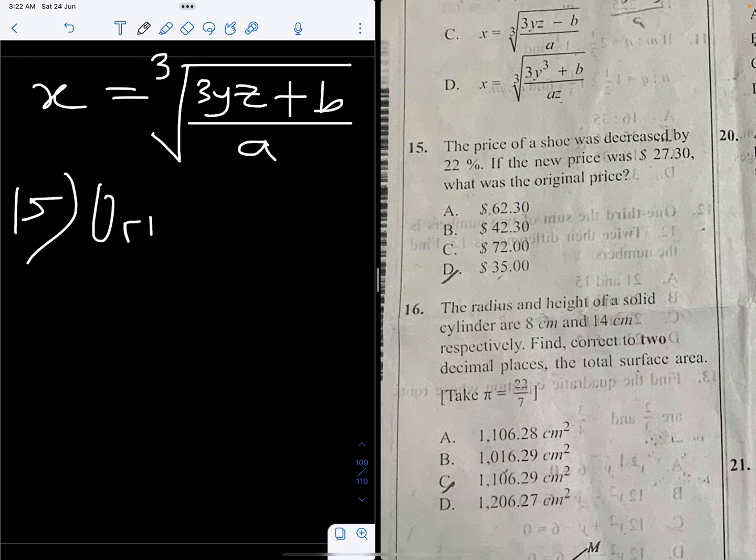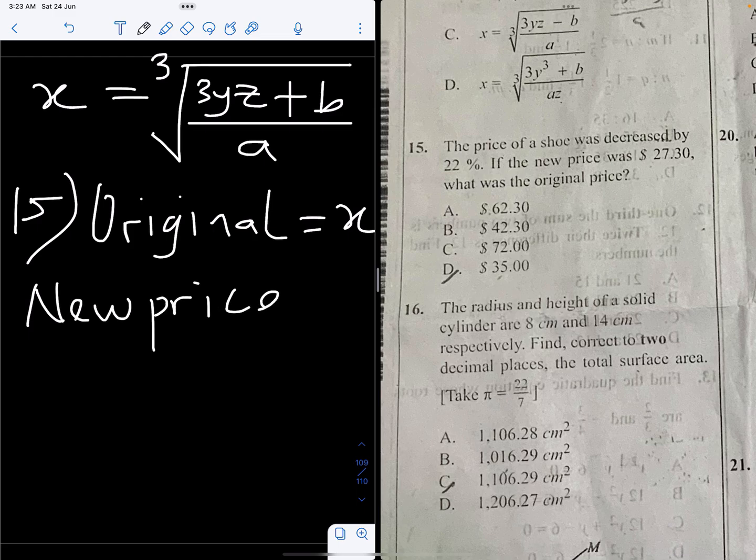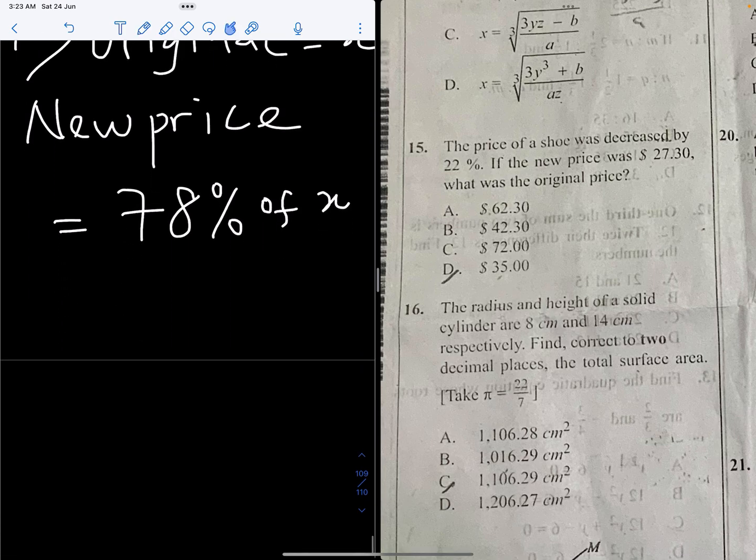Let me start this way. Original price, let that be x. So the new price is 78% of x, that's 100% minus 22%, 78% of the original price. And now we know that the new price is $27.30.